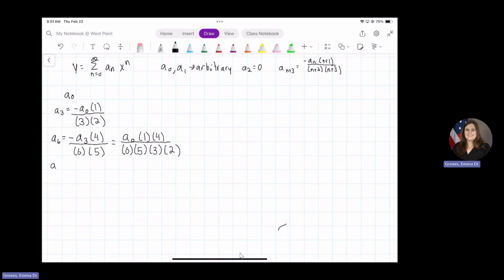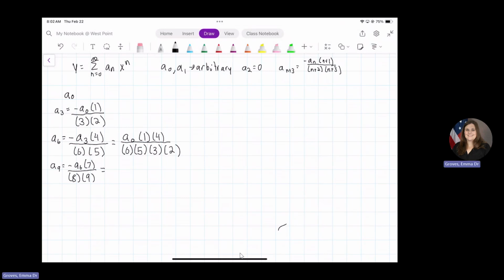I'm going to write out one more so we can see the pattern. Now, this isn't going to be the nicest pattern in the world, in that we're not going to have factorials in it. That doesn't always happen, but we can still write a general pattern. So a9 is going to be negative a6 times 7 over 8 times 9.